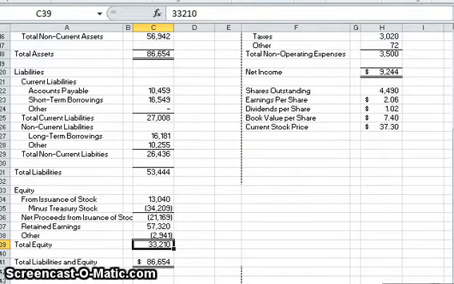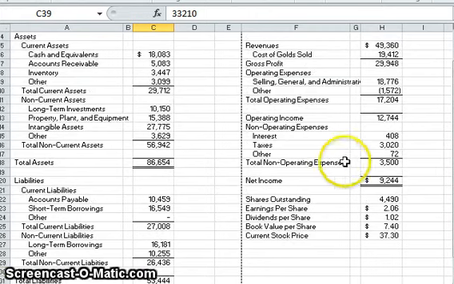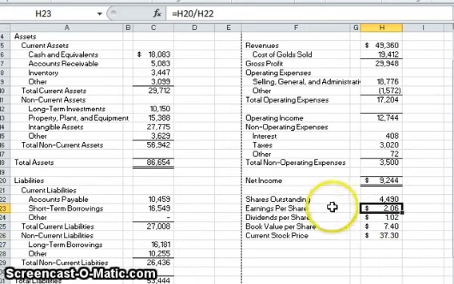So if we look at Coke, I've given you some per share numbers. The current stock price for Coke is $37.30. It's probably changed since I made this spreadsheet, but that's how much it was. And I gave you earnings per share, which is total net income divided by shares outstanding. If you divide those two numbers, you'll get the PE ratio.